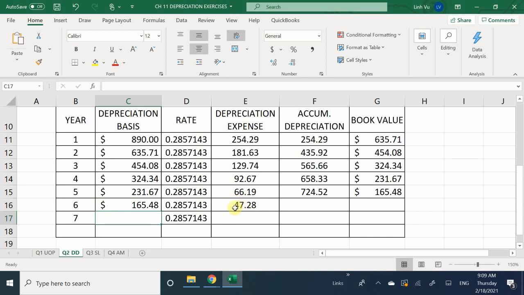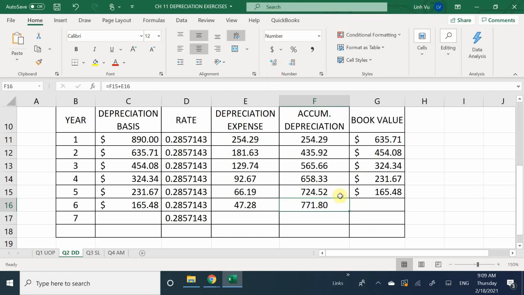What is going to be my depreciation expense for year 6? 47.28, bringing my accumulated depreciation to 771.80. Okay. And then lastly, I'm just going to expand it.